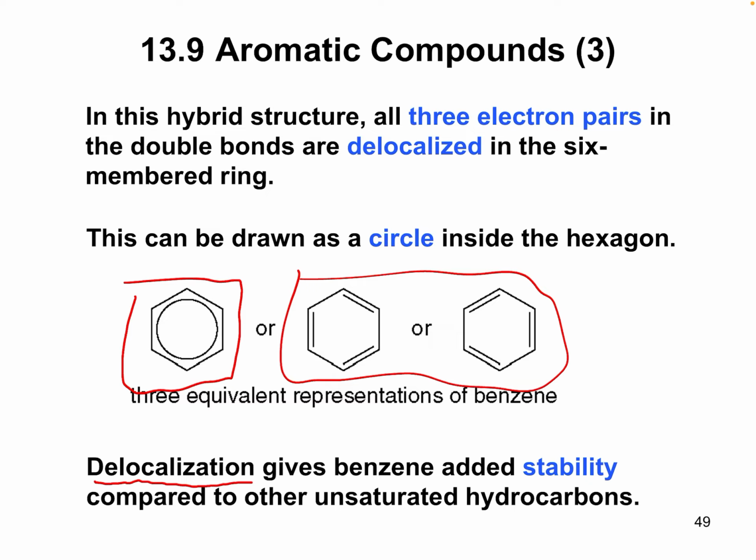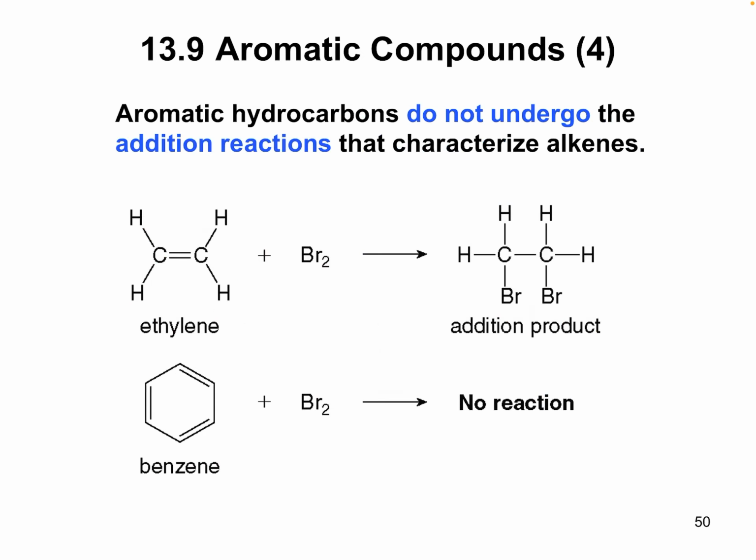So because of that, benzene rings have lots and lots of stability compared to other kinds of alkenes. In other words, they are not nearly as likely to react in chemical reactions as other kinds of alkenes are. So for example, if we put ethylene, a normal alkene, in with Br2, we would get a halogenation product of that reaction, all right?